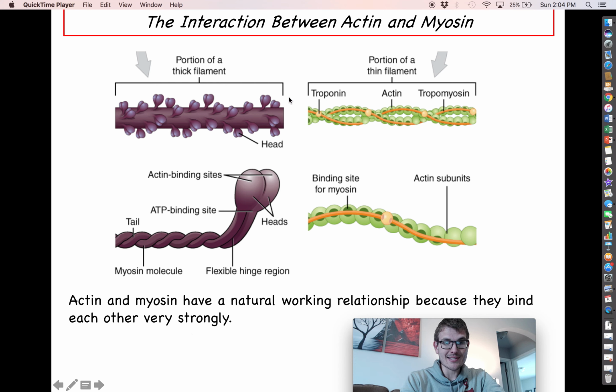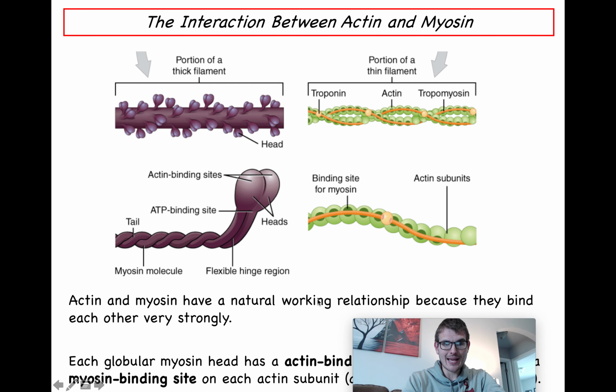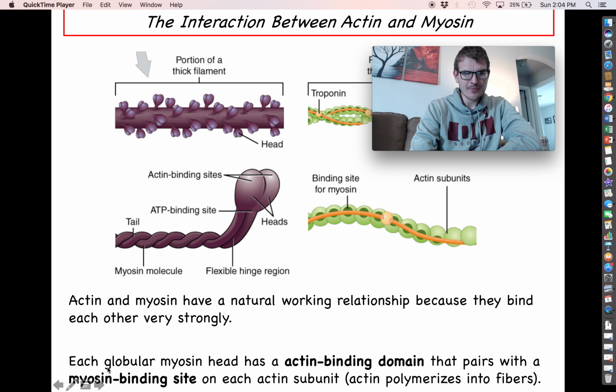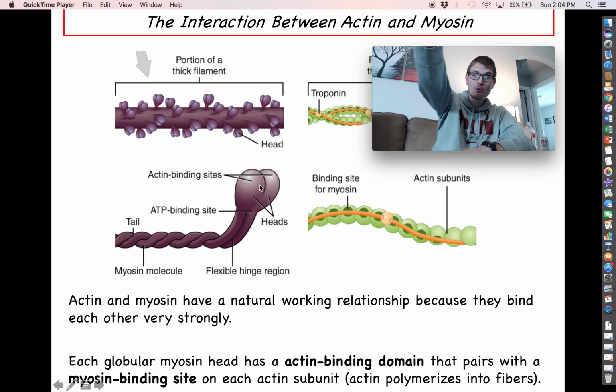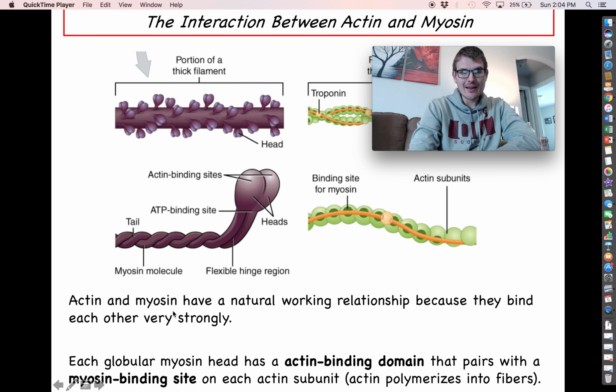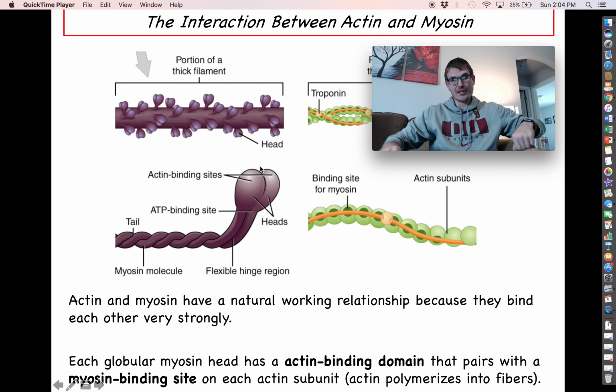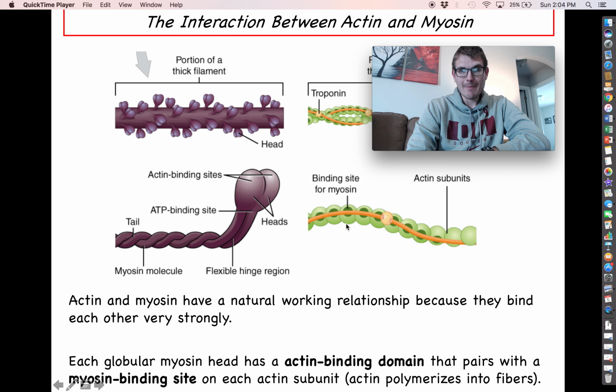So here you can see myosin. Myosin is particularly interesting because it has two major parts to it. It has these heads right here that contain both an actin binding site, the part of it that likes to grab onto actin, and an ATP binding site that allows it to bind to ATP and extract the energy out of it. Similarly, actin has a myosin binding site.